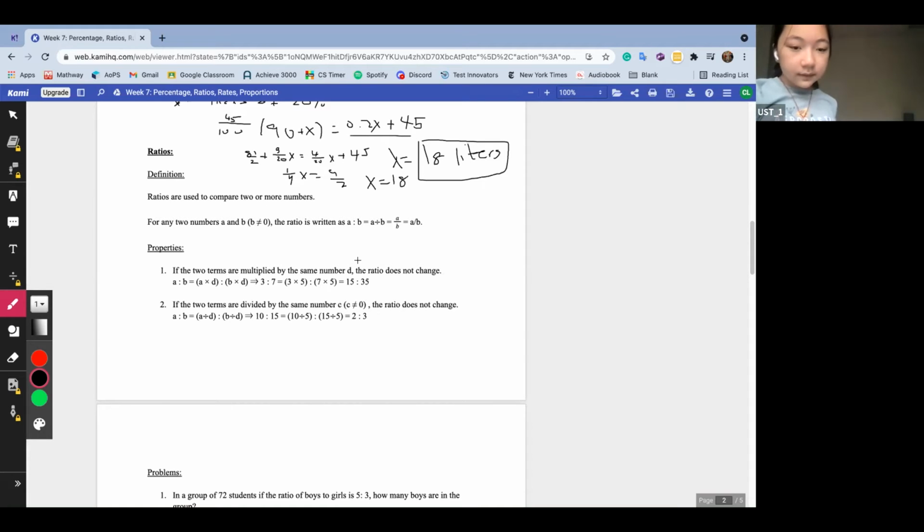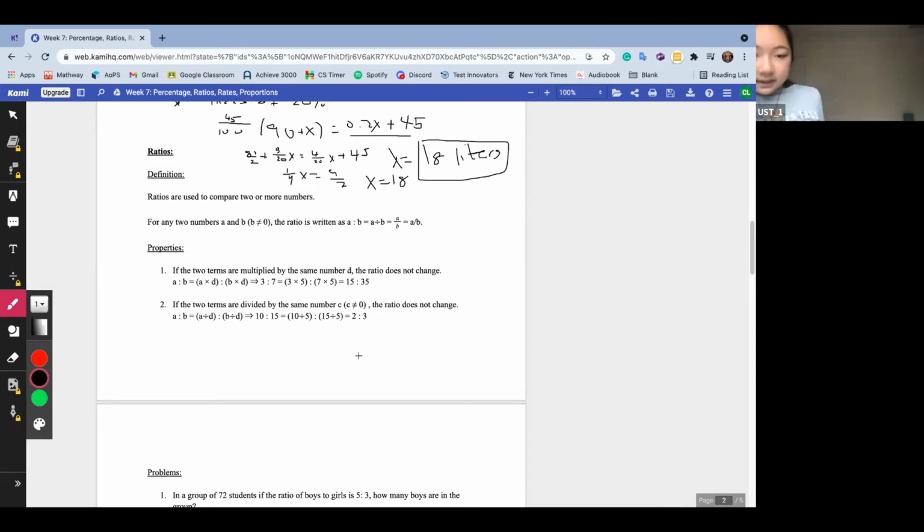So here are some of the properties. If two terms are multiplied by the same number D, the ratio does not change. So over here we have the ratio of A and B. Multiply A by D and B by D, and they're still going to be equal. Here's an example: the ratio of 3 to 7. Multiply both by 5, and you'll still get the same ratio.